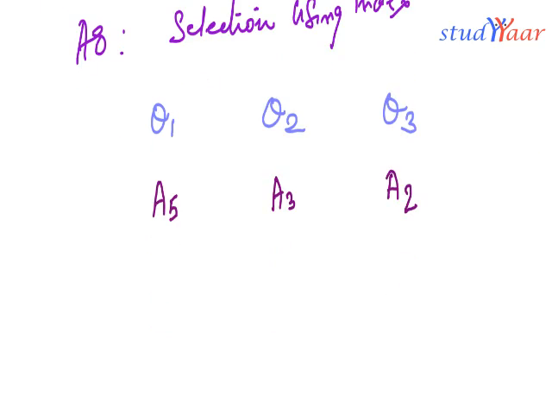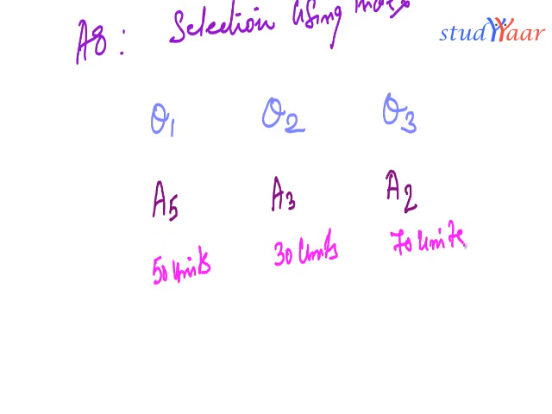Once I have done this for every condition, I find the condition which has the least cost. Let's suppose my theta1 costs me 50 units, my theta2 costs me 30 units, and my theta3 costs me 70 units.